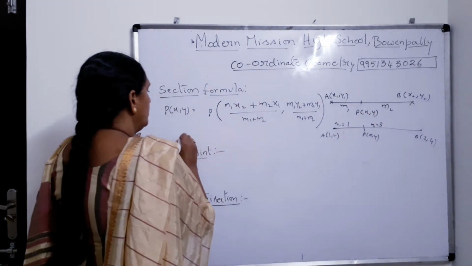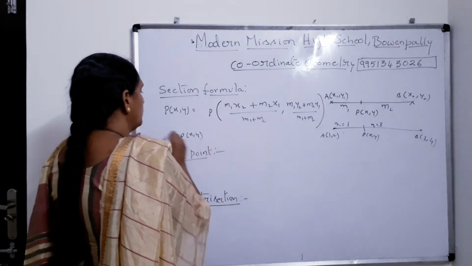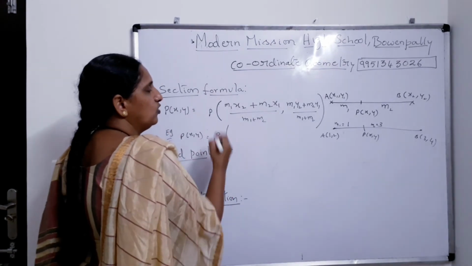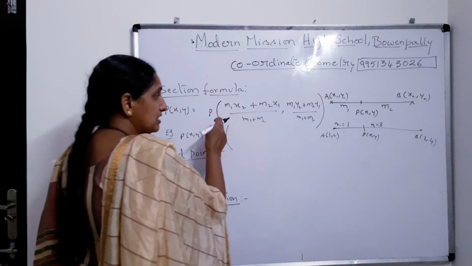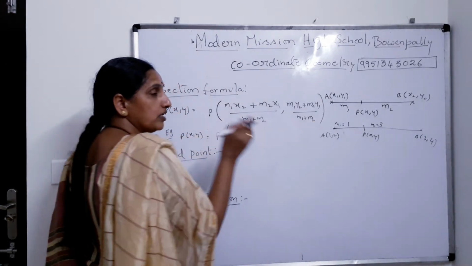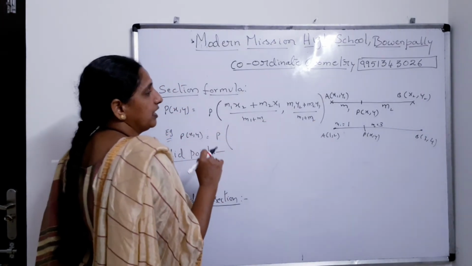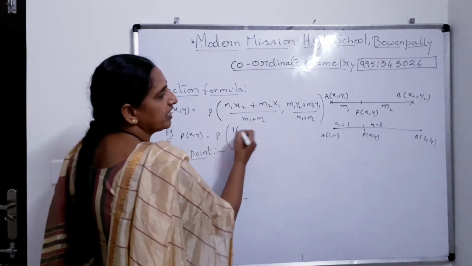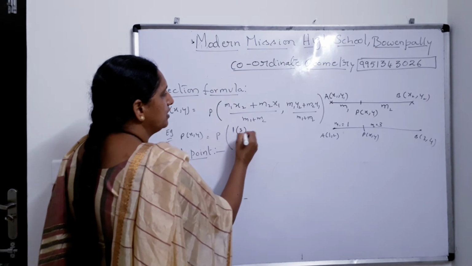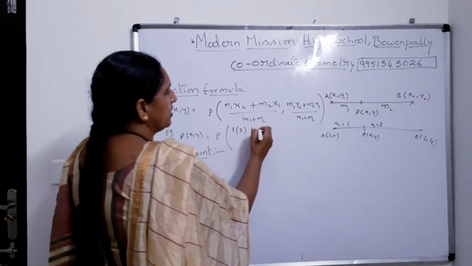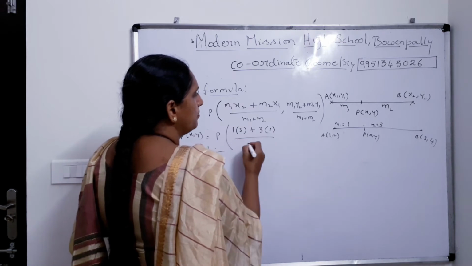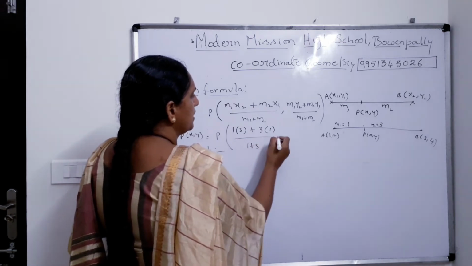Substitute in this one. Now P of x comma y is equal to, as an example, P of, open the brackets. Please remember these are coordinate points, so they should be within open brackets. m1 x2, so m1 is 1 into x2 is 3, plus m2 x1, m2 is 3, x1 is 1, by m1 plus m2, which is 1 plus 3.